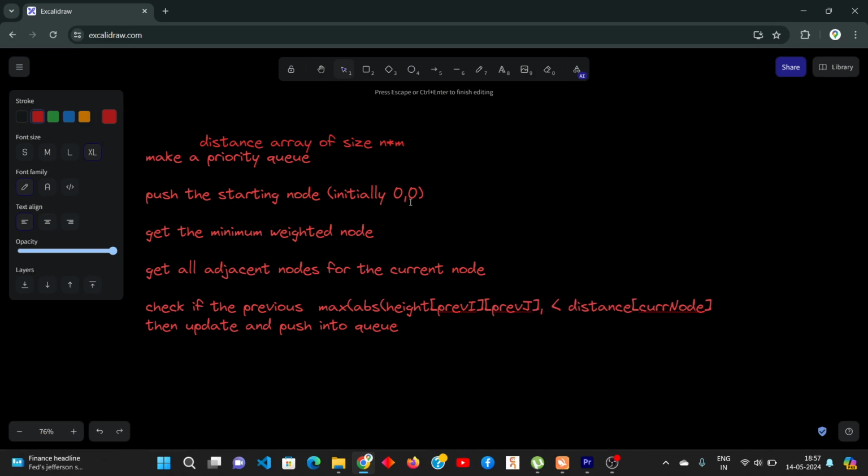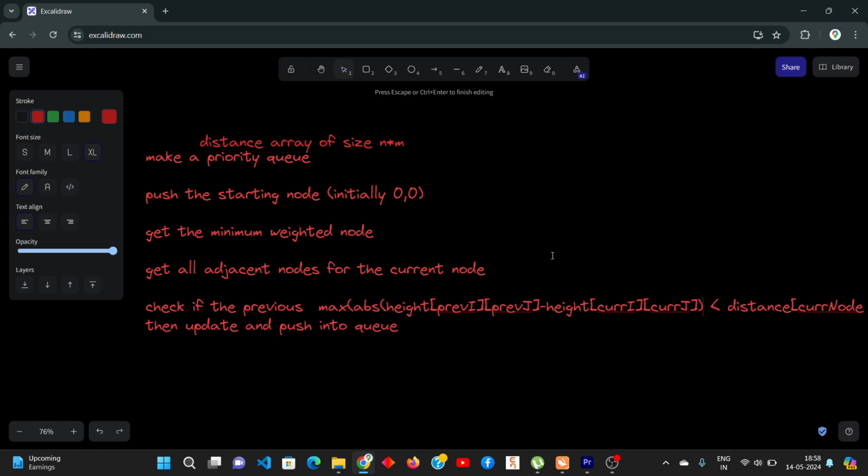And we have to subtract it using the current height value, that is height of current i and current j. And how can I get this current i and current j? Basically, these will be our adjacent nodes. The current nodes means we are getting all the adjacent nodes, right, for every situation. So this will depict the adjacent node of the current node.